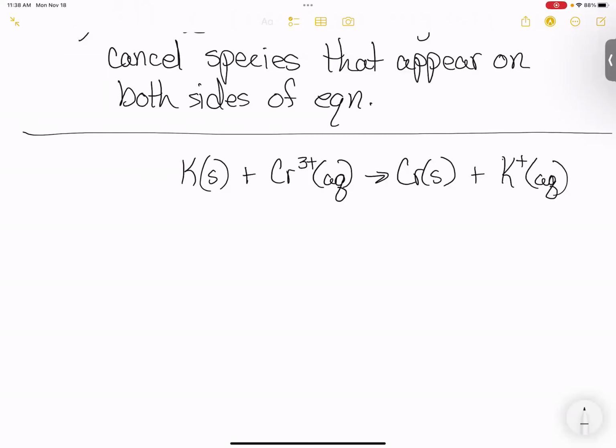You're going to basically keep the elements that are the same element together. So our potassium solid is going to react to form potassium ion. And our chromium 3 plus ion is going to react to form chromium solid.